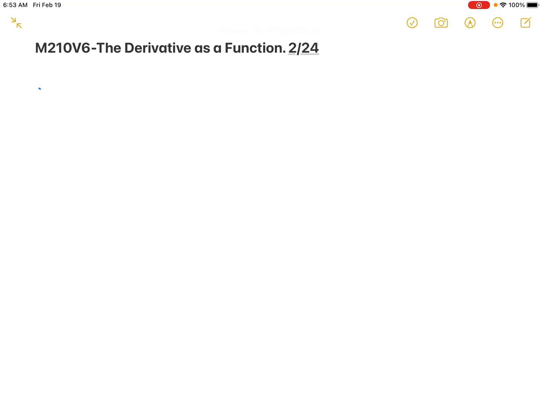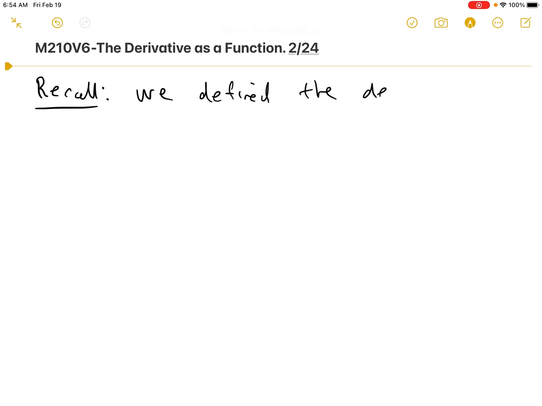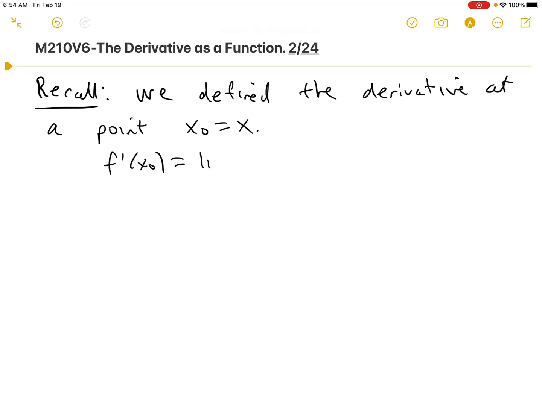Alright, so let's jump into this. Do a little recollection here. From 3.1 what we did is we defined the derivative at a point x naught. f prime of x naught, which is a given number, turns out to be the limit as h approaches 0 of f of x naught plus h minus f of x naught over h.